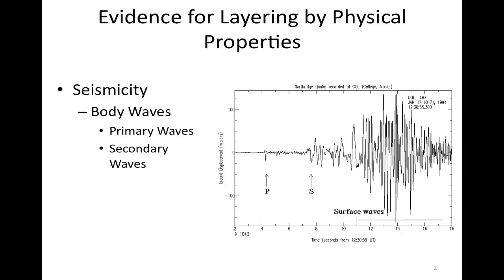Now this is a seismic readout, an actual seismic readout of the Northridge quake as recorded in College, Alaska. So it's important to realize that we can record waves at very great distances, and in fact that's how we get a magnitude reading for an earthquake as well as a specific location for an earthquake, because these waves can travel so far away.